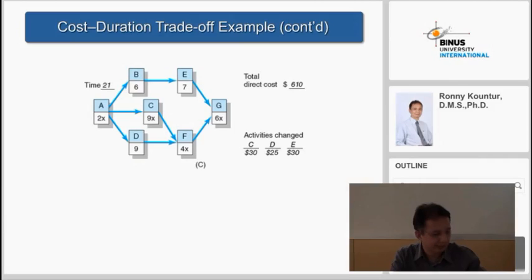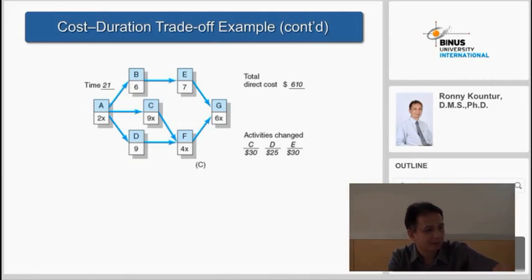So notice that activity D is 10, C is 10, E is 8. When we reduce by 1, E will become 7, C will become 9, and D will become 9. See the next drawing. There you see that D becomes 9, C becomes 9, and E becomes 7.